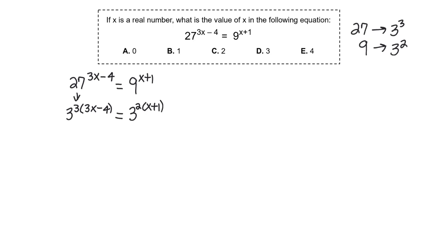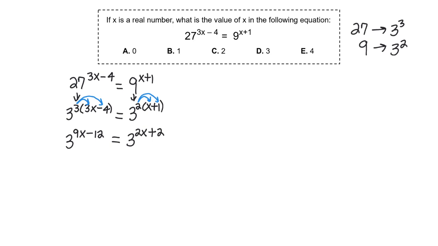Continuing on, we can distribute the 3 into the 3x minus 4, and we can distribute the 2 into the x plus 1. When we do that, we end up with 3 to the 9x minus 12 is equal to 3 to the 2x plus 2.